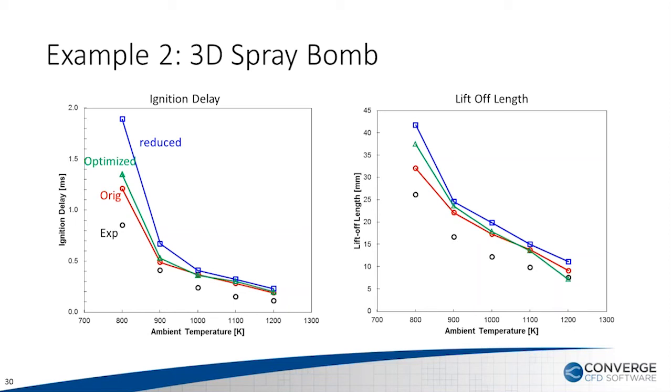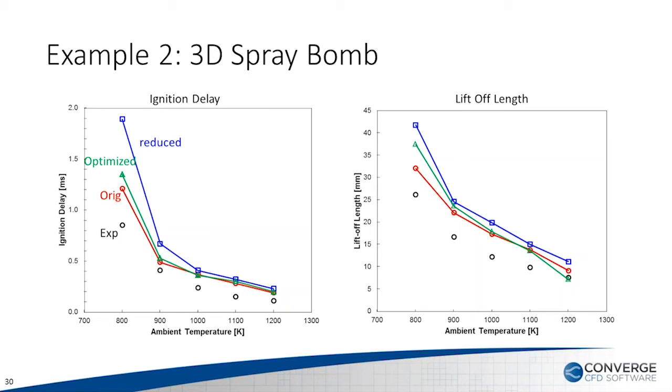Then we launch the optimization, which is only on the 0D ignition delay for this specific case. We run the optimization, then we get the green curve here. Basically, you can see it's getting close to what the original mechanism predicts. For the lift-off length on the right, it's showing the same trend.